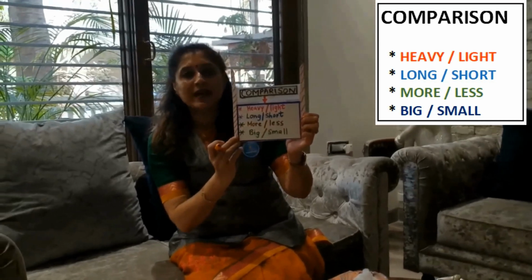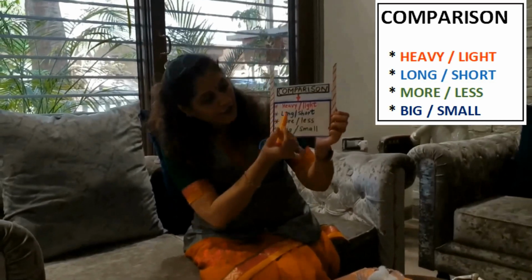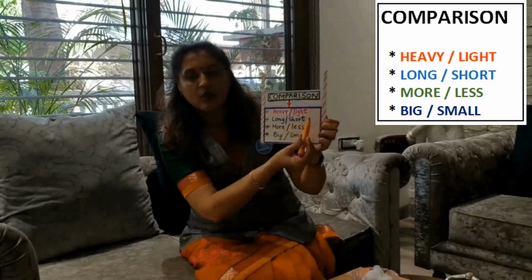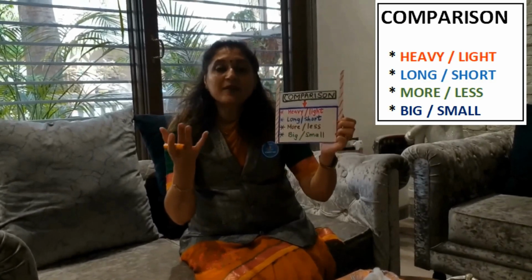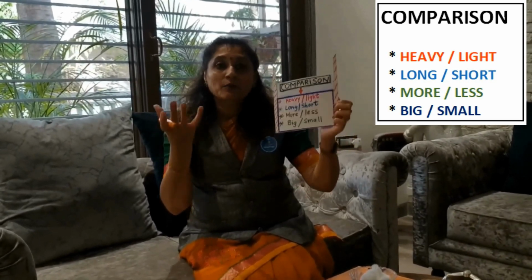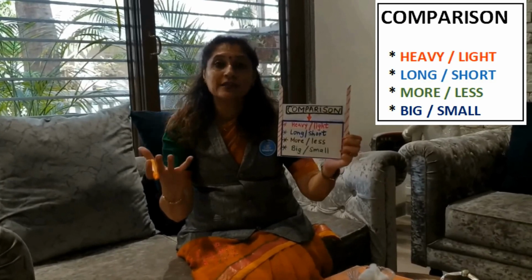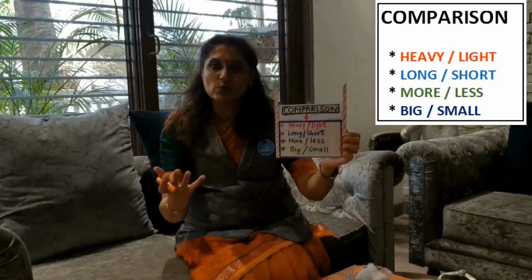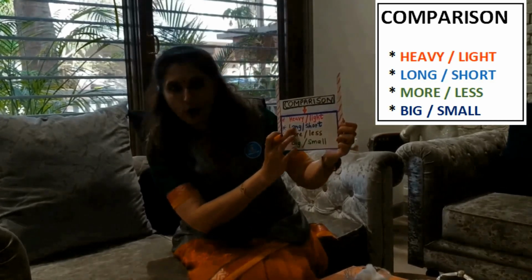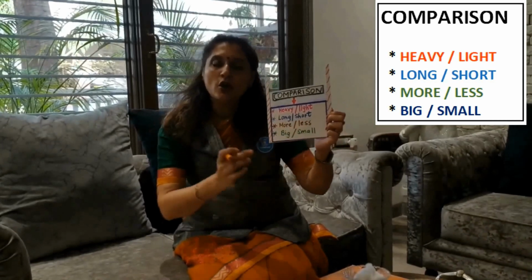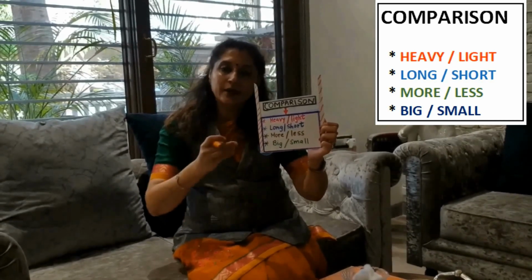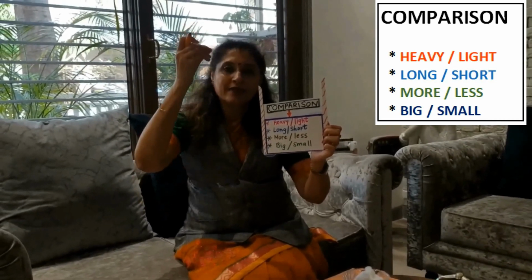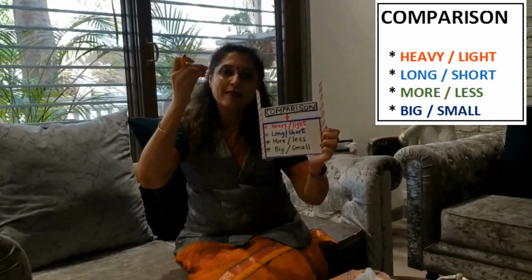Here the comparison is done between heavy, light. What is heavy? Heavy means which has more weight. It is heavy. And light means which has less weight. Long, short. Long means it has a long length. Any object which has a long length.